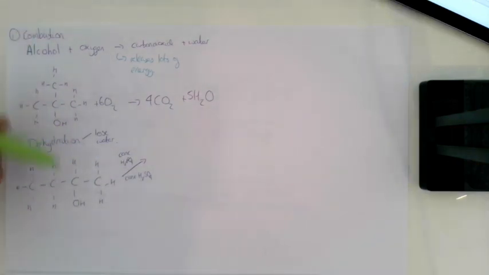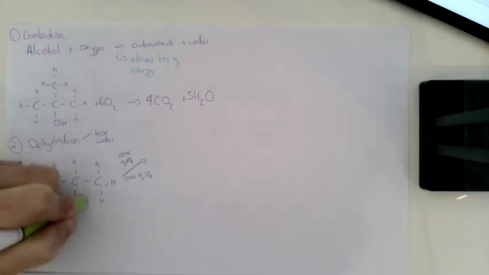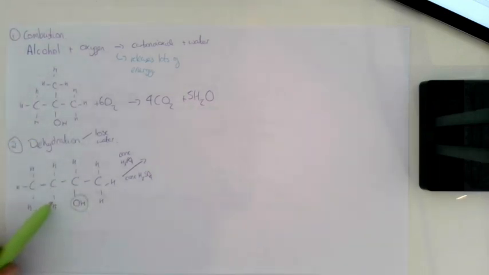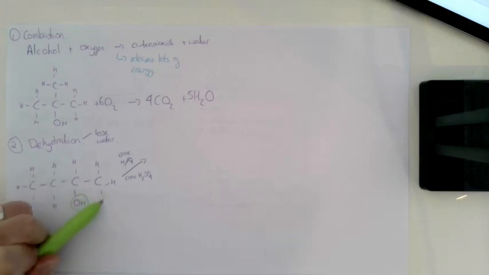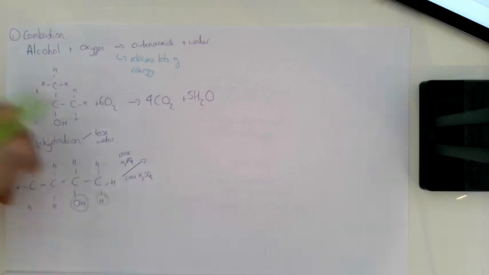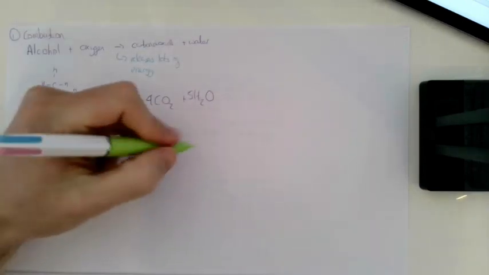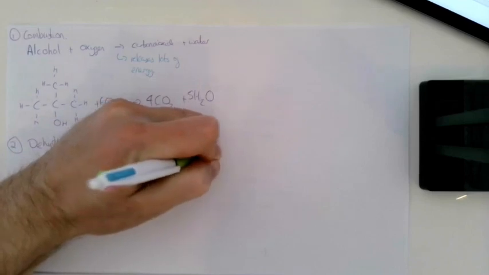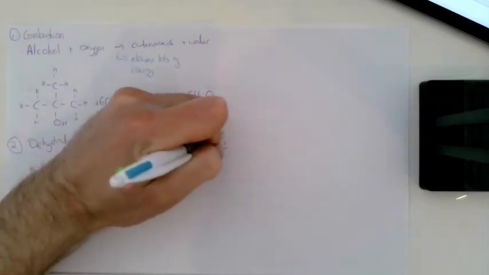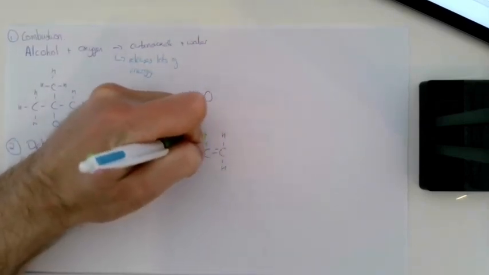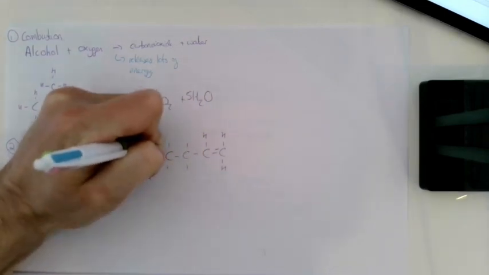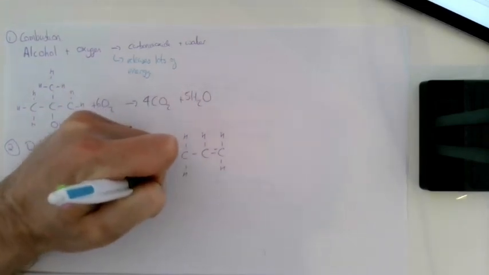So we're going to lose water. We're actually going to lose the OH here, and then we'll lose one of the hydrogens on the neighbouring carbons, so either one of these two or one of these three. It's on one of the carbons that's neighbouring the carbon with the OH. So let's imagine I picked to lose that hydrogen. I'd end up with this as a product, like that, so that's going to give me but-1-ene.